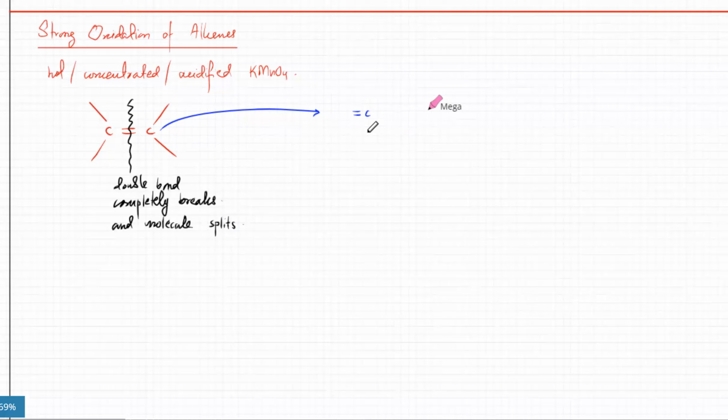So just the molecule splitting at the position where the double bond was. Scenario one: if this carbon is bonded to two H's, then this carbon atom will get oxidized by KMnO4 to carbon dioxide. Once the carbon has split up, it's going to turn into CO2 and H2O.